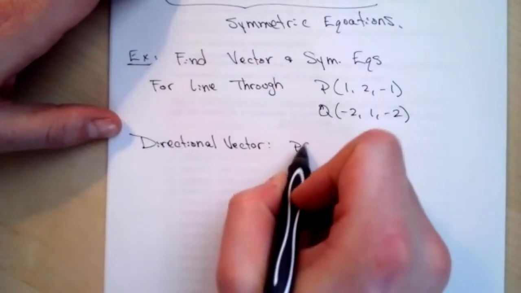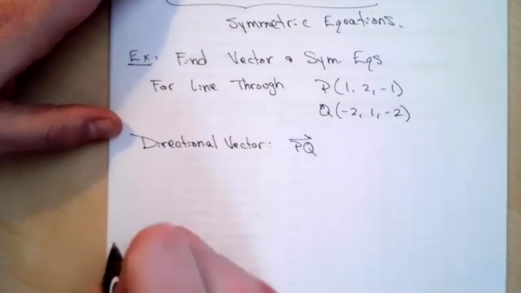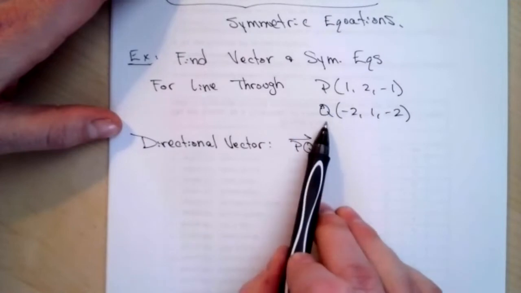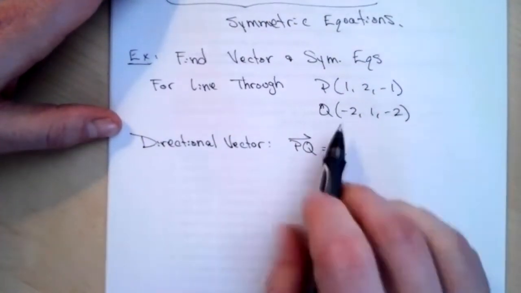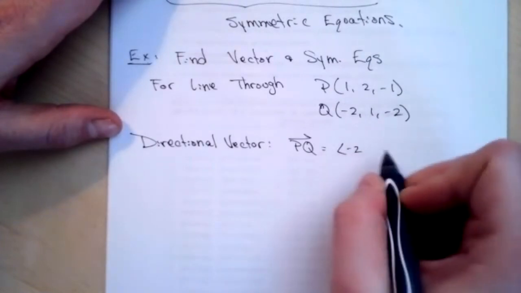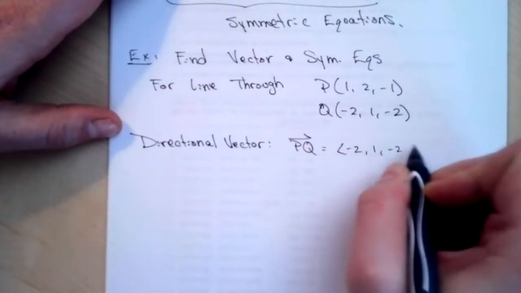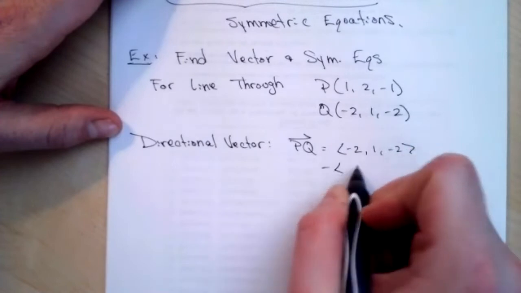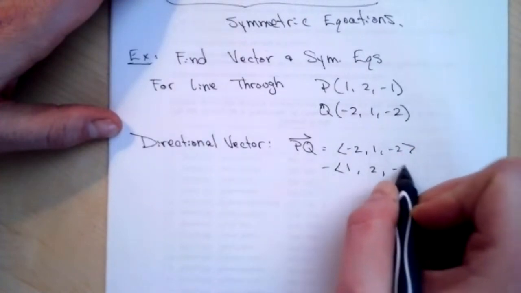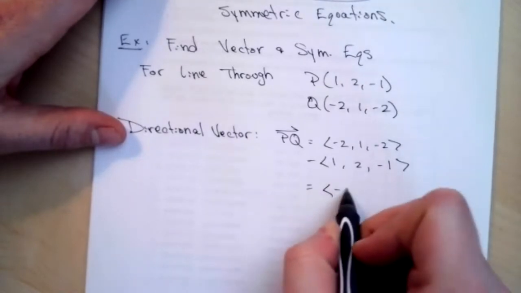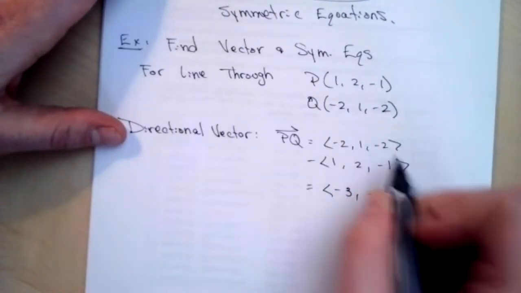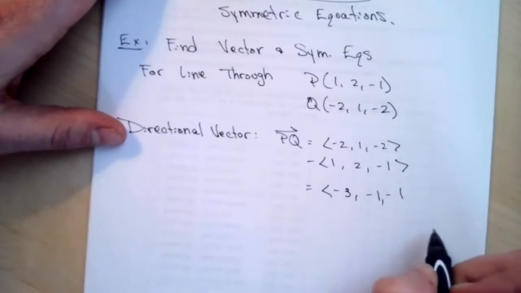So if we use, say, PQ as our directional vector, this means we want to walk from P to Q. We take the difference of the ending minus the start, so Q minus P.